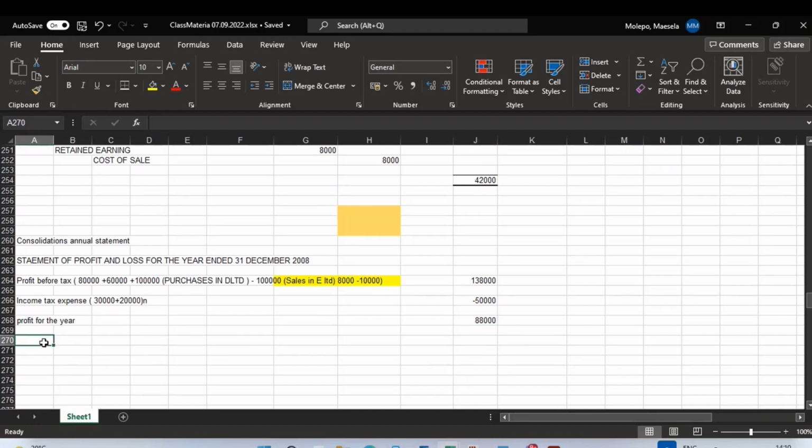Then the attributable part. Other comprehensive income is 0. And the total comprehensive income for the year.